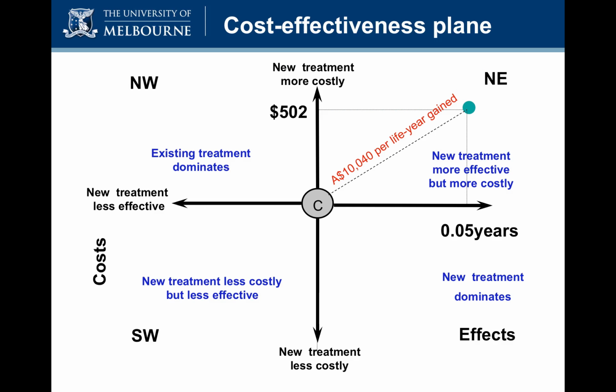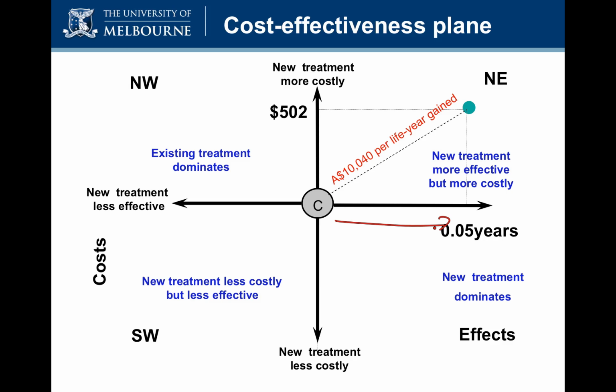So if we try to illustrate those outcomes, we can use what's commonly referred to as a cost effectiveness plane. On the x-axis of the cost effectiveness plane, what we have is the effects in terms of the change in life years gained of the intervention versus the control. So C is the control, which in this case were the people who weren't given the intervention, were given a placebo.